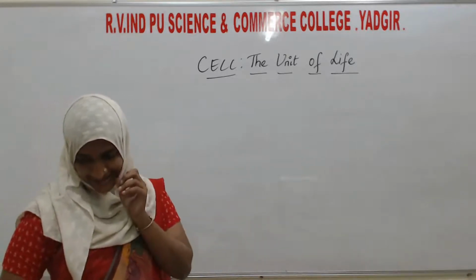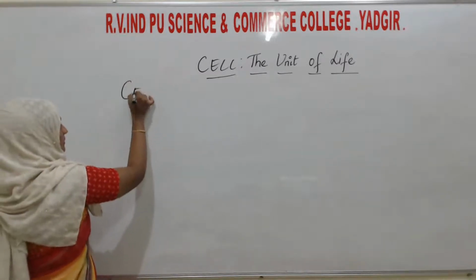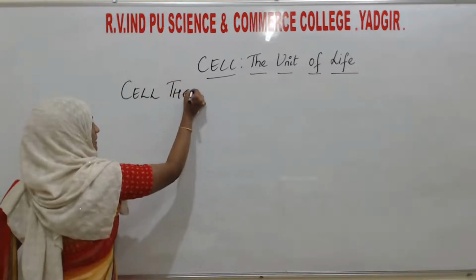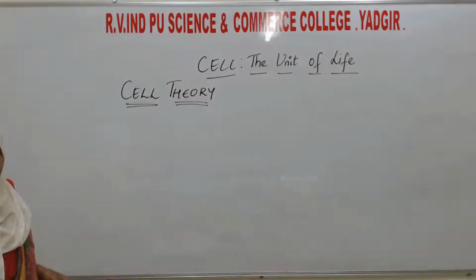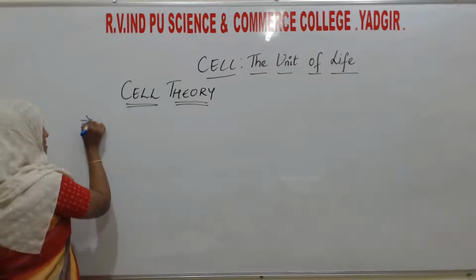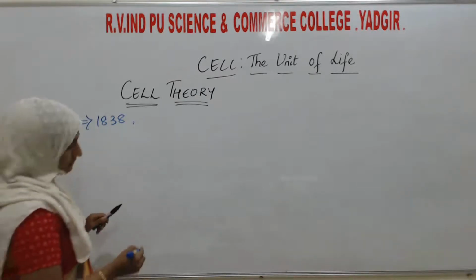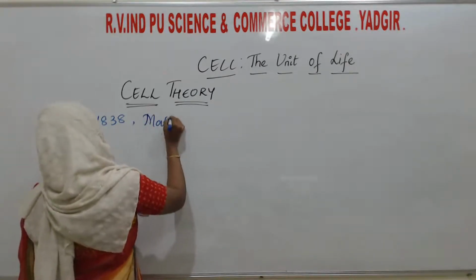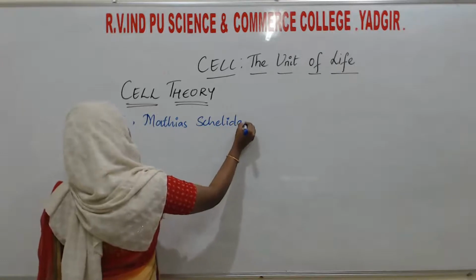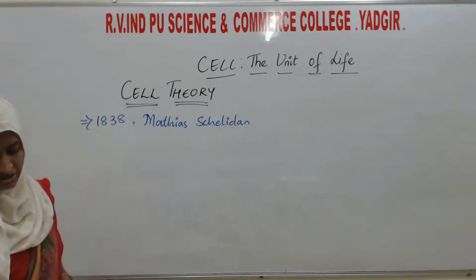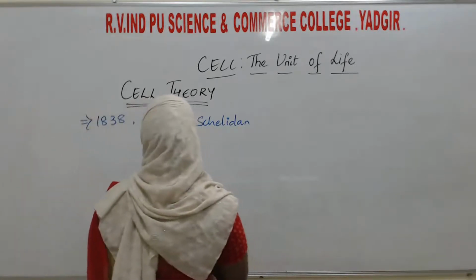See here, cell theory. In the year 1838, a person whose name is Matthias Schleiden, a German botanist.